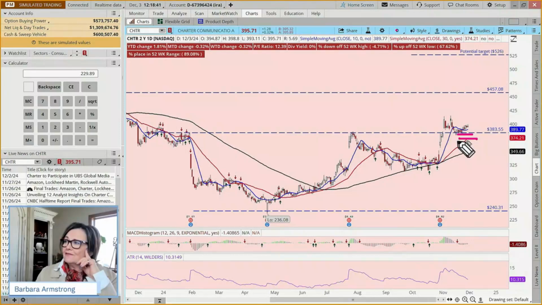In order to define our risk, we're buying a put below it that says, if we're wrong, at least we're limiting the amount we could lose. Because is it possible that it could break back down and come back down to here or here? Yeah. So let's go and look and see, could we sell something? It's now trading at 395. Could we sell something around that 380 mark to 385 mark?